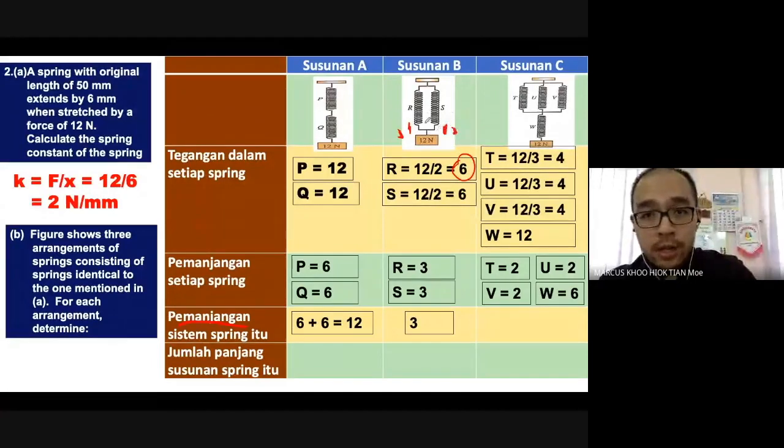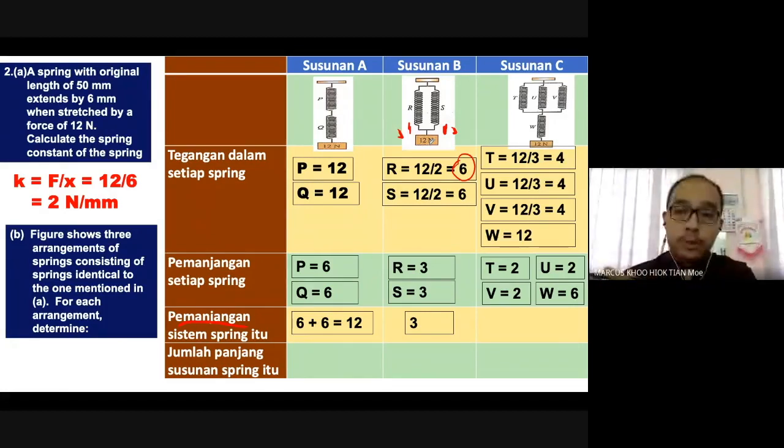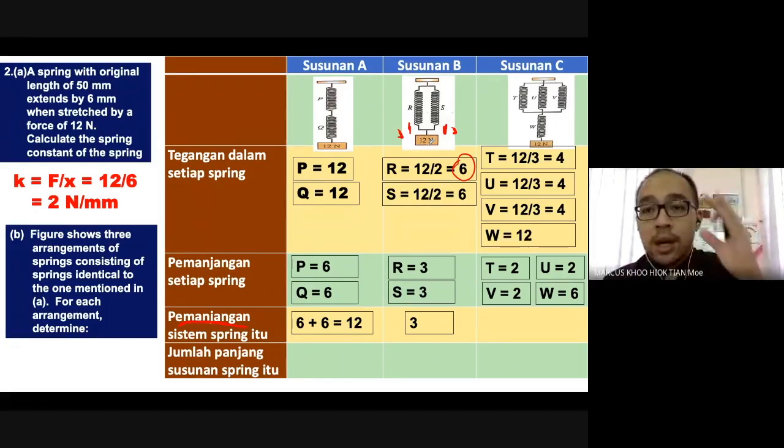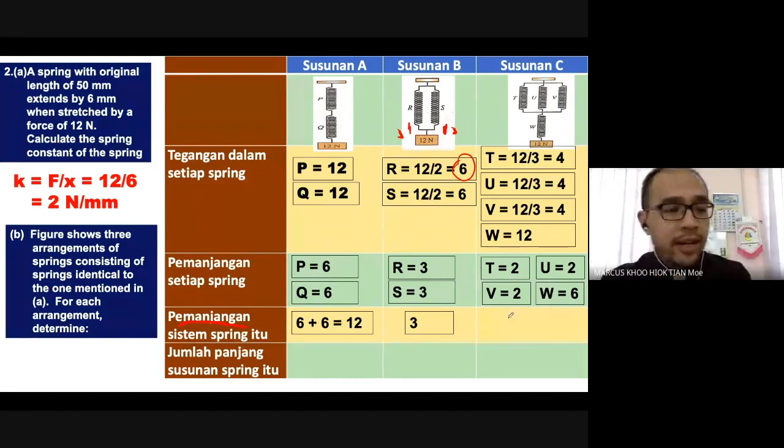But actually, if you look at it holistically, they all also only extend 3 only. So be very careful, in parallel arrangement, one spring equals all springs. So very, very easy. What about the total extension of system C? 8. Okay, it will be 8. This time I recognize this is definitely Shafiq Iqbal's voice.